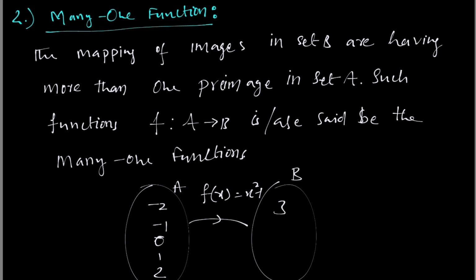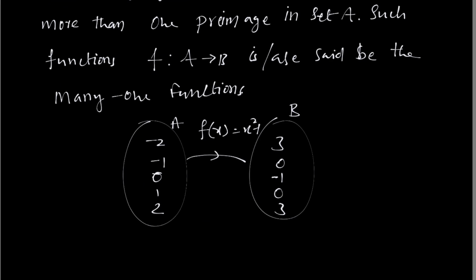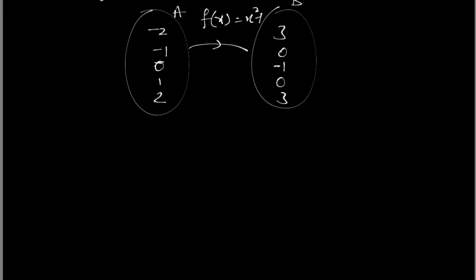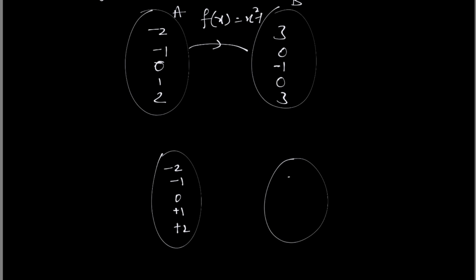And when I substitute x equal to -1, I'm getting 0. And when I put x equal to 0, f of 0 is -1, and then it is 0 and again 3. And while writing a set, we don't repeat the values. In the sense, let me write the inputs: -1, -2, 0, +1 and +2. Here the output values are only -1, 0 and 3.